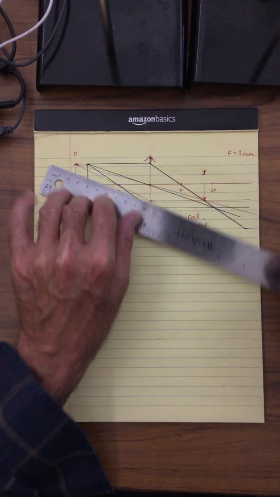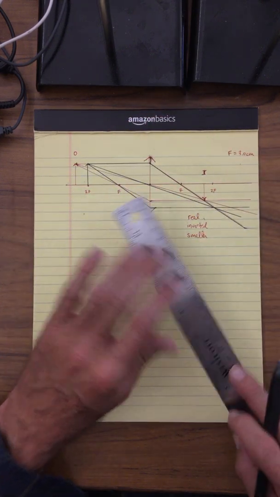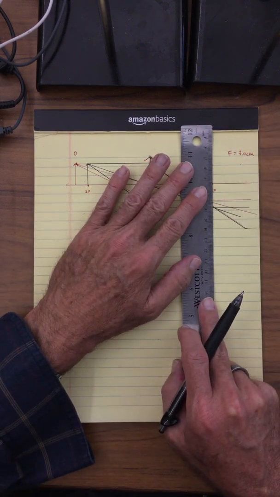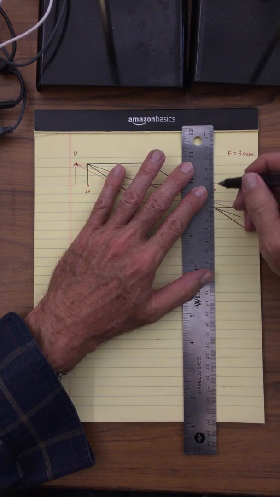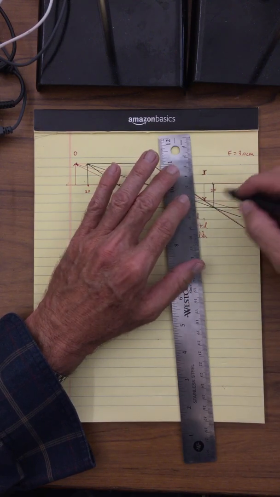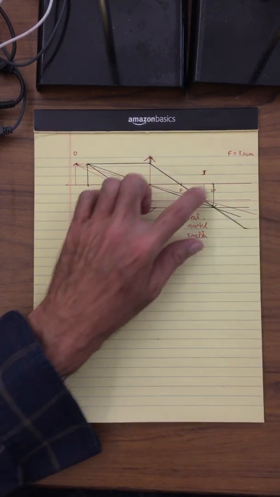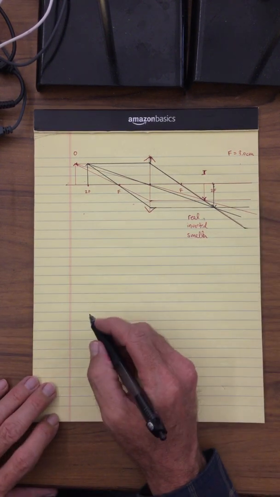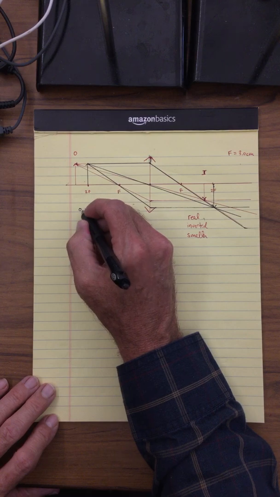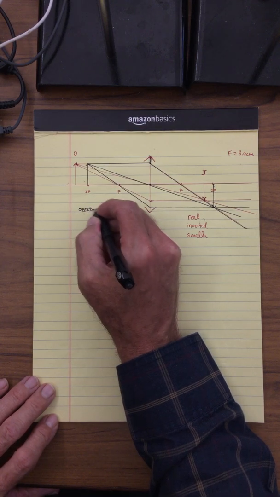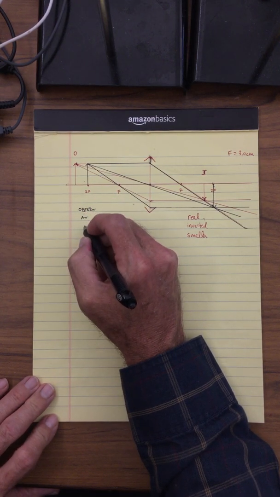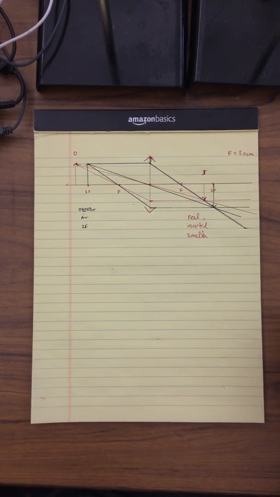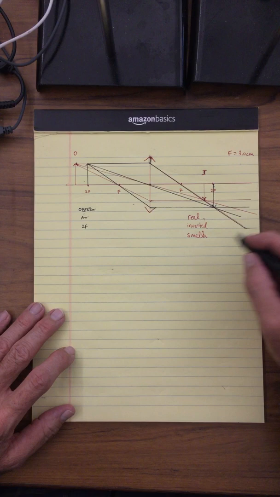It's close. And what's interesting is that these should converge at twice the focal point. It's a little bit off, but in theory, when your object is at twice the focal point, your image is going to be at twice the focal point.